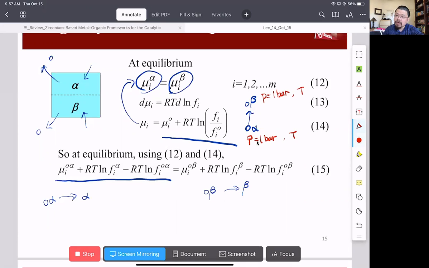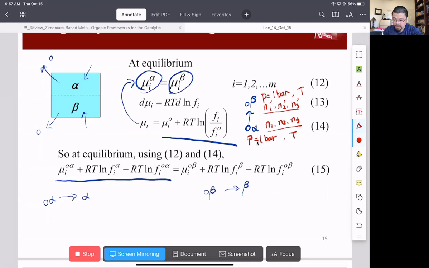But we also need to acknowledge that we have different species. So we have N1, N2, N3, and in the beta phase, we have N1 prime, N2 prime, and N3 prime. And they are not necessarily the same.